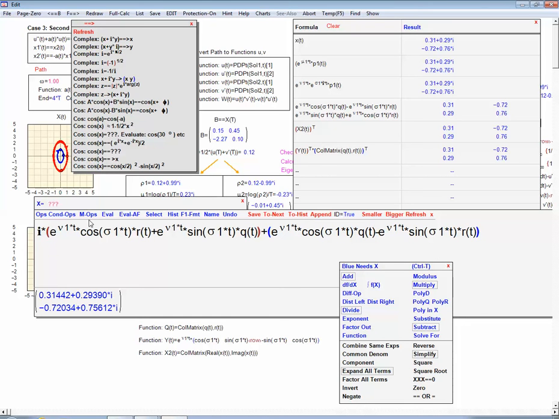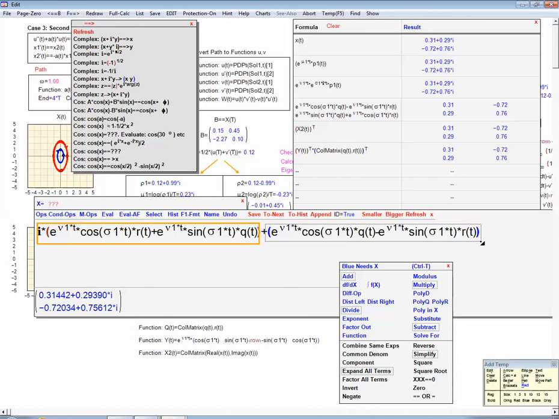So let's put it into imaginary form. If we do that, here's our imaginary piece, starting here with its real coefficient, and here's our real piece here. And remember our goal is to split out the real and imaginary piece and use them as our new fundamental matrix.